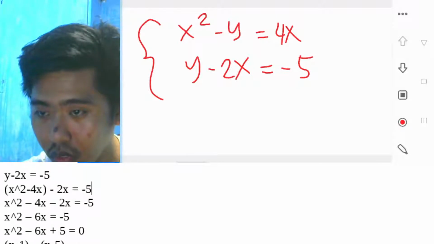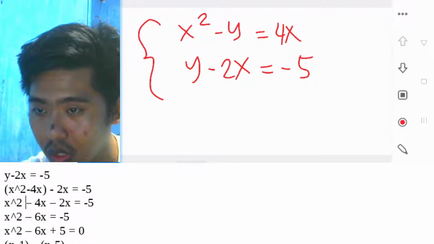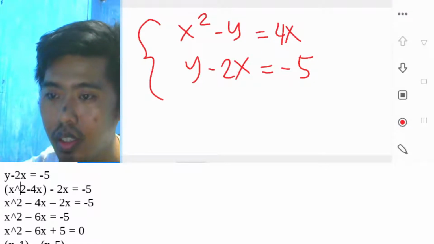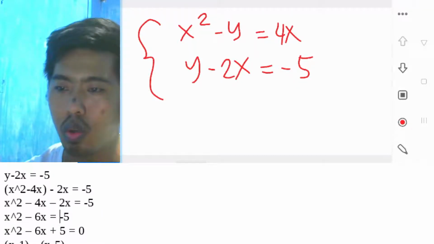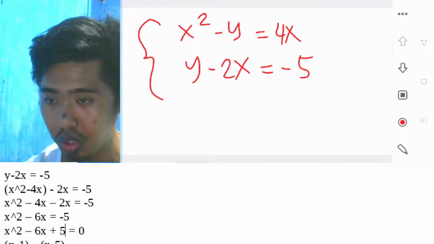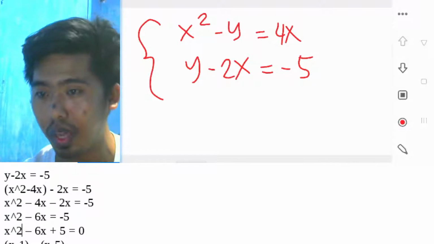Next, get rid of the bracket. Since it is positive, not negative here, it will not change anything. So just the same. Then after that, add like terms, so it will become x squared minus 6x equal to negative 5. Make the other side equal to 0 so that you can have your value of x.